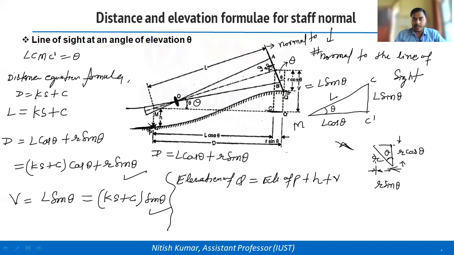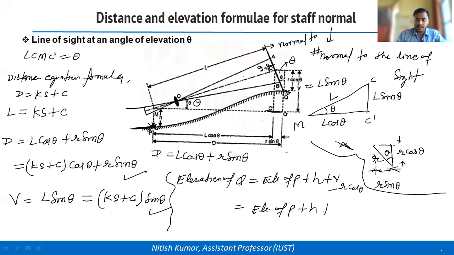Now we want to calculate the elevation of Q. The vertical distance between C to Q is R cos theta, so we will deduct R cos theta. So finally we can write elevation of P plus H plus V minus R cos theta. Elevation of P plus H is called the height of instrument, or elevation of instrument axis.